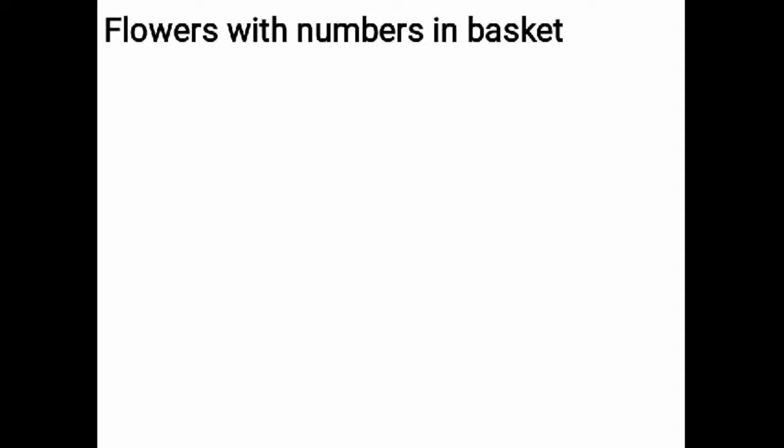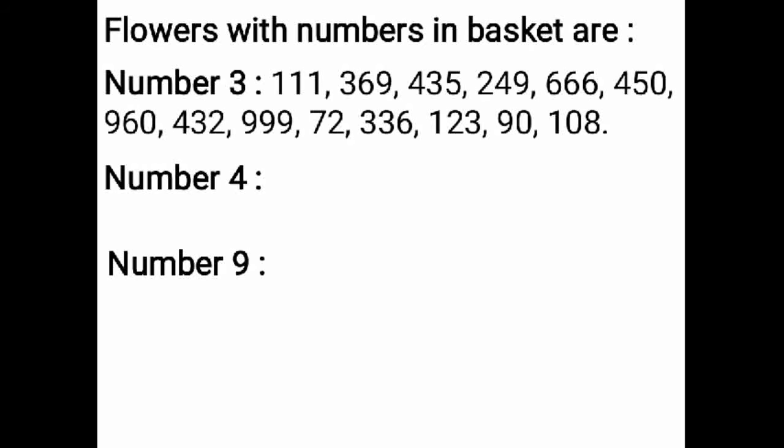Now you have to write the answer. Numbers with flowers which you tick mark are divisible by 3. All these numbers with flowers which you tick mark are divisible by 3.